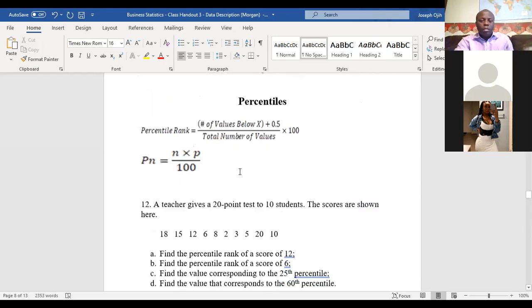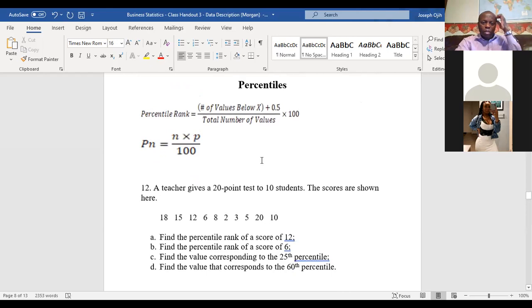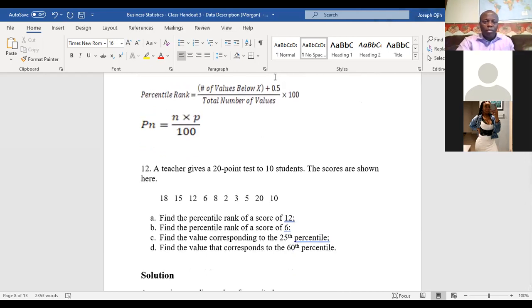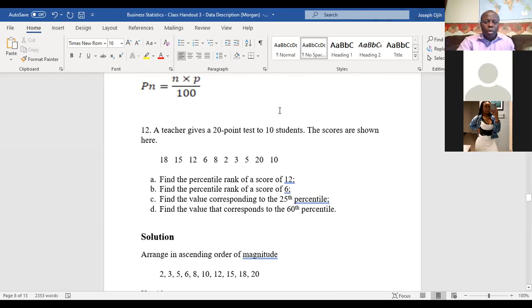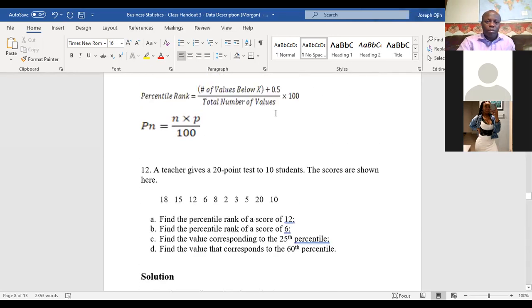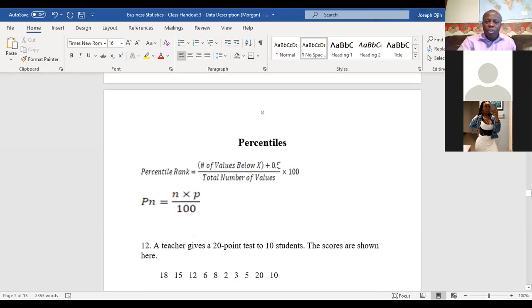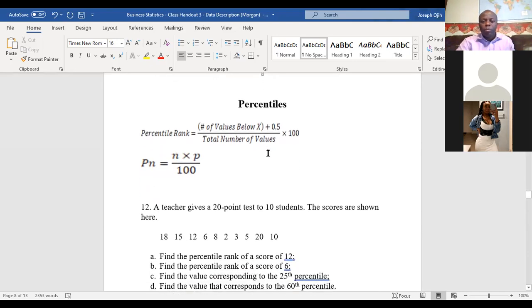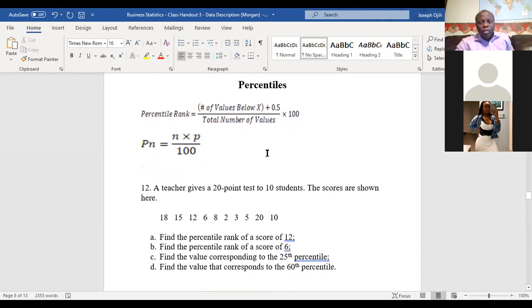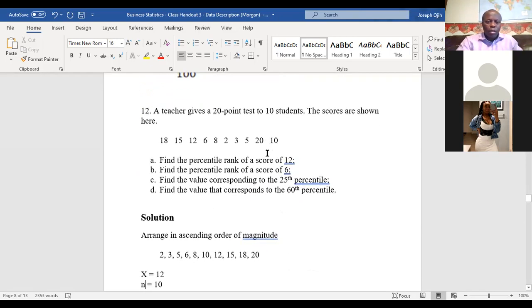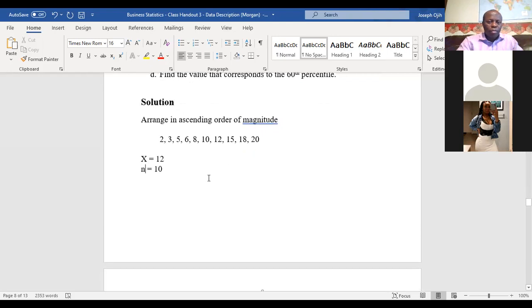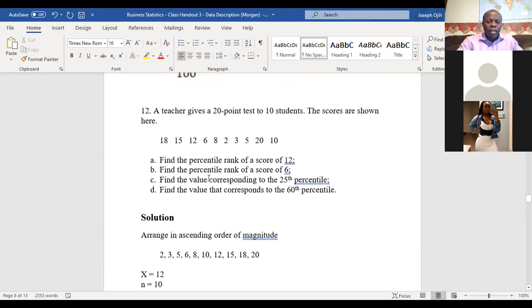Then of course you need your 0.5 correction, which is part of the formula, because it is a correction factor for moving from continuous to discrete.